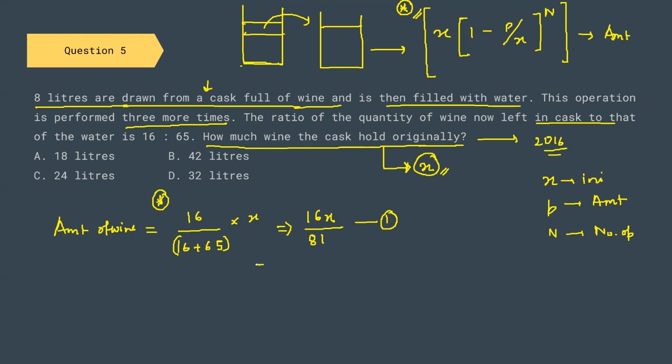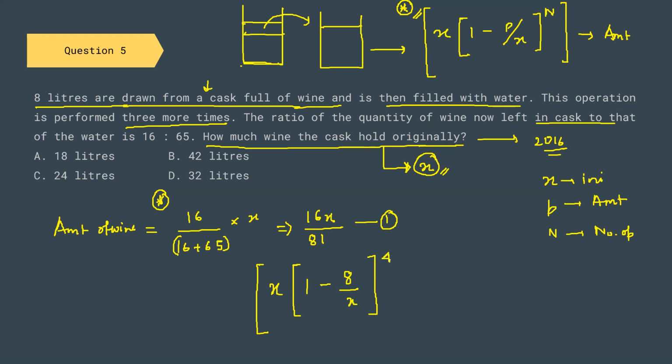So we can have X is the initial capacity, so it will be X only, 1 minus the amount that is taken out in every operation is 8 liters. So P will be 8 and X and number of times. So we have performed this operation 4 times.